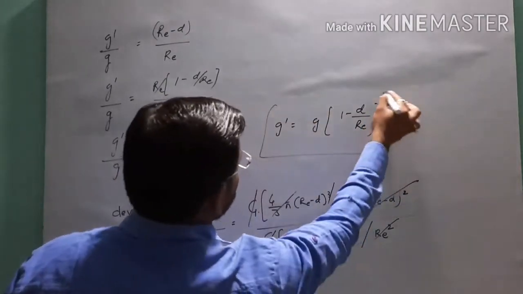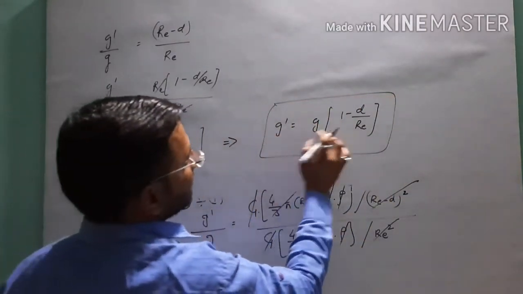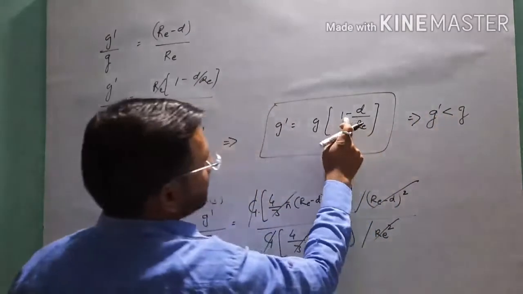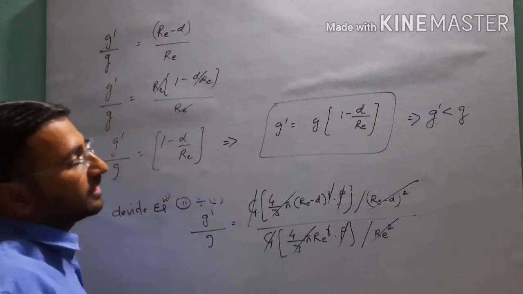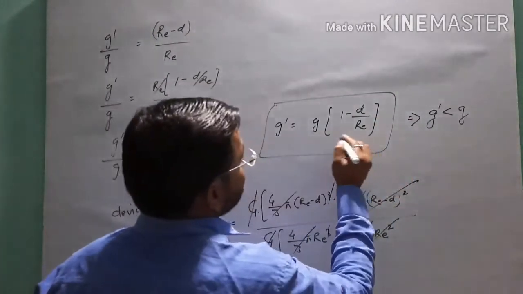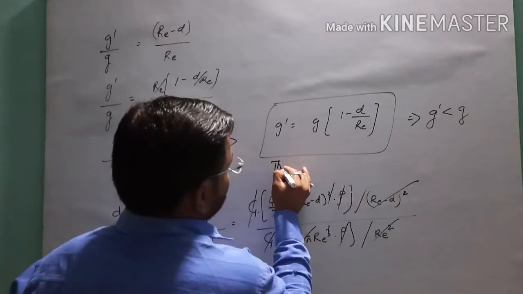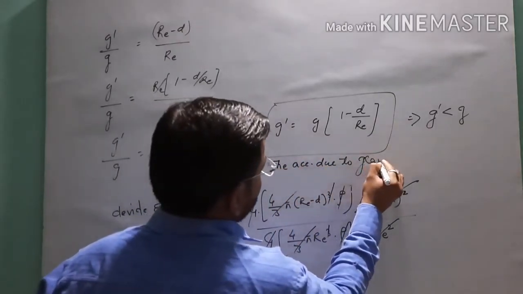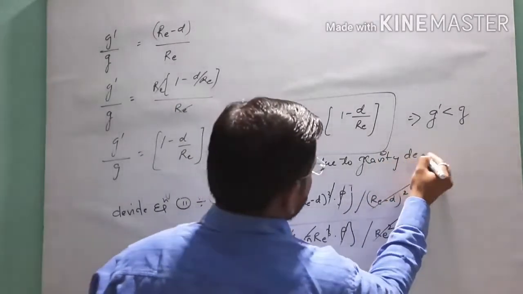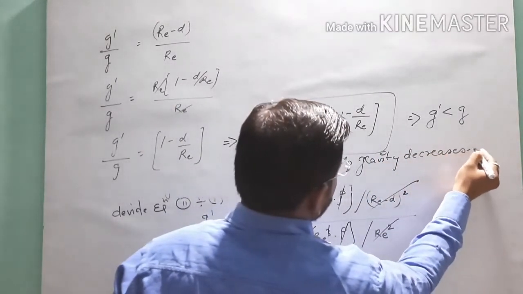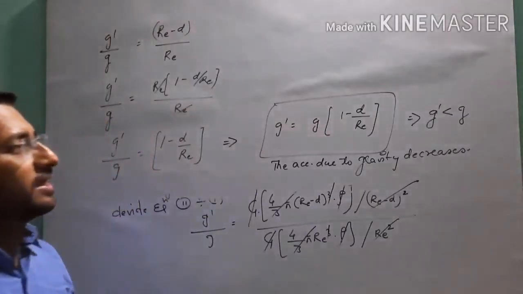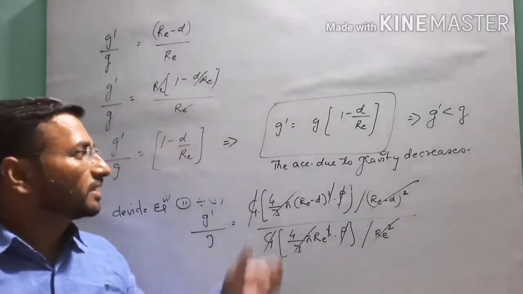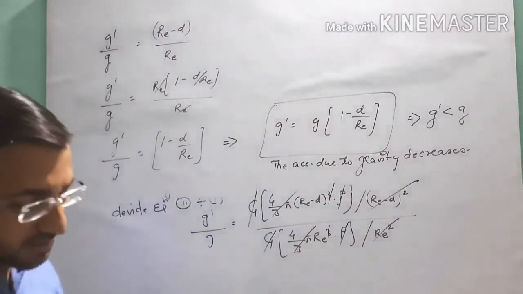So see, finally you can see that the value of g dash is again less than g, because of the negative d upon Re term. So that's why we can say that here the acceleration due to gravity decreases. Point clear? And we can explain the same formula with the fractional decrease and percentage decrease also.